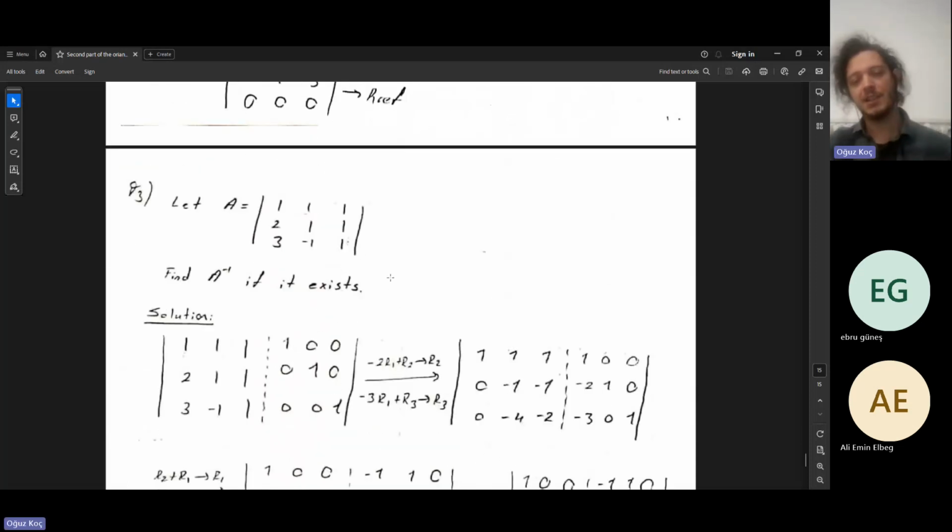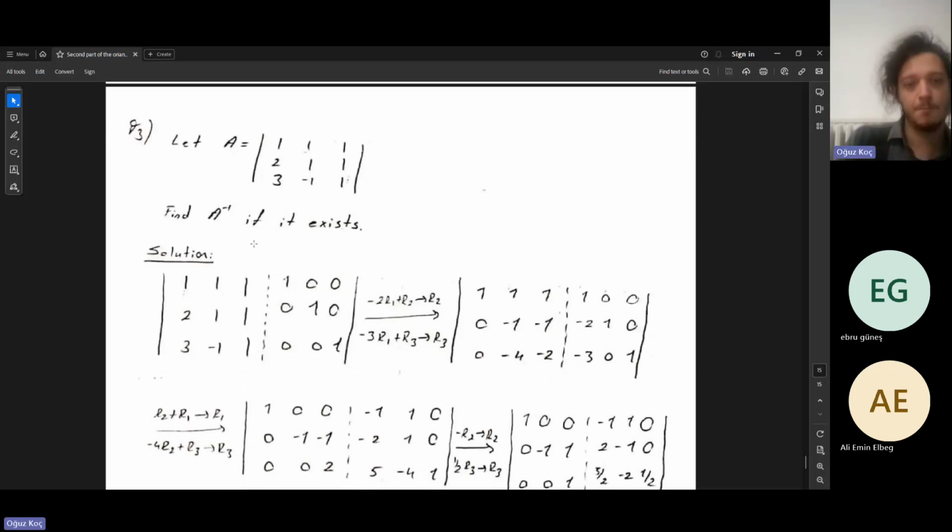And also we have another example for taking the inverse of a matrix. In this case, our matrix is here A, and we see the elements of the matrix.